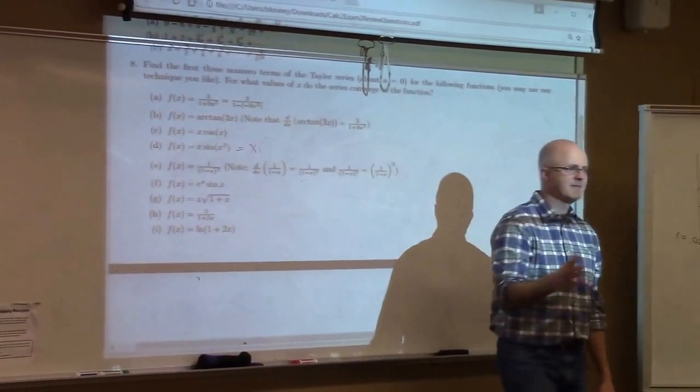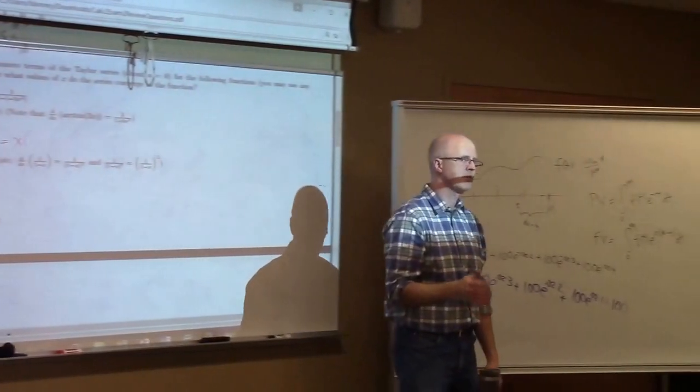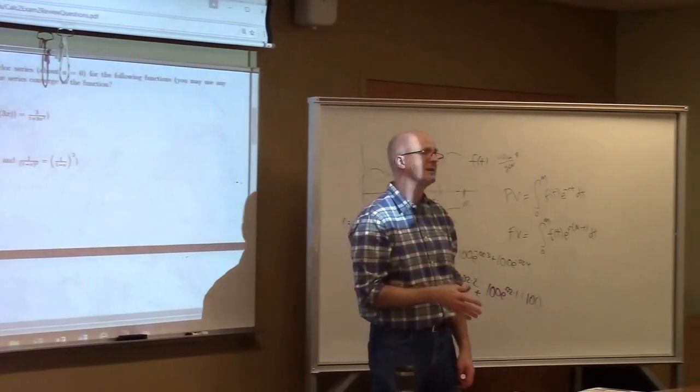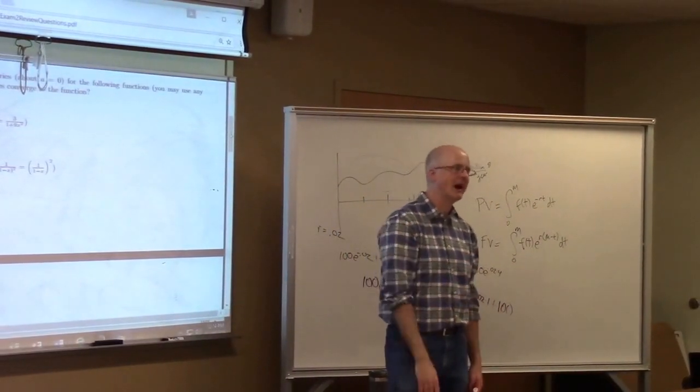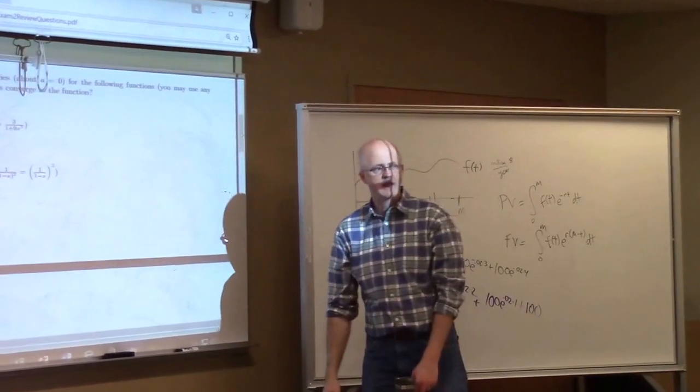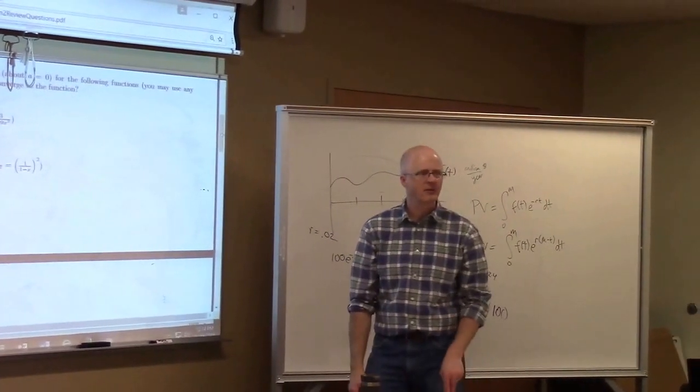Sine of x is x minus x cubed over 3 factorial plus x to the 5th over 5 factorial. It goes plus, minus, and you'll have all odd powers and odd numbers being factorial.